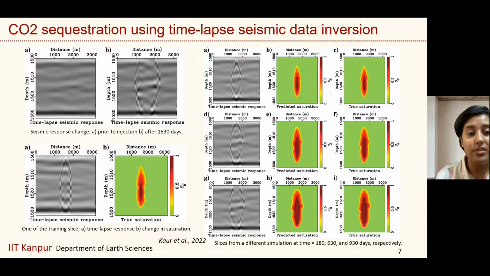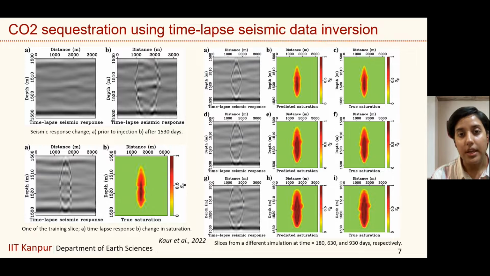So with respect to the seismic response, when the seismic response is changing, how do we get the change in the CO2. On that data, they trained their neural network, and after the training, these were the results that they were able to produce.